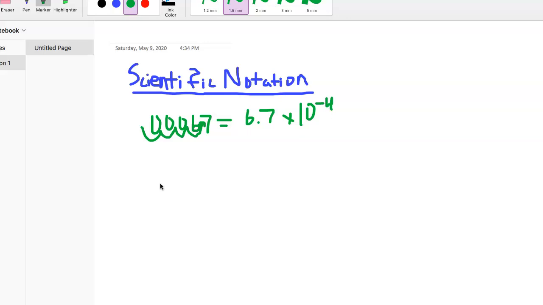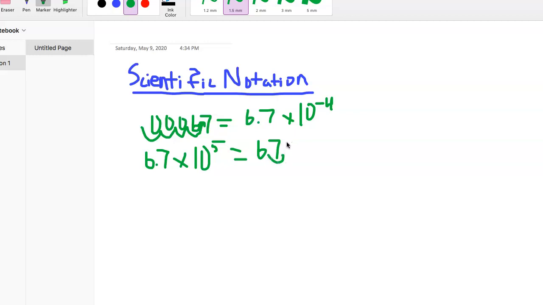One last one, because what if they multiply them together? 6.7 times 10 to the 5th. What does that equal? If you're not sure, we've got our 6.7, and I will go 5 spots, so 1, and then there will be 4 more.